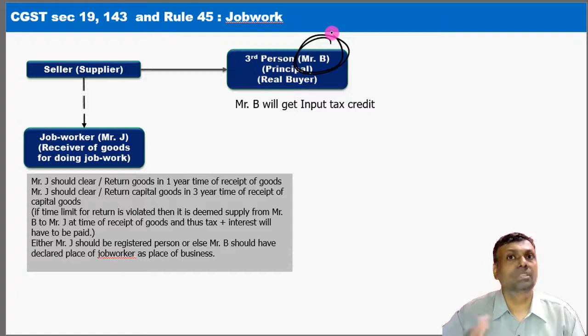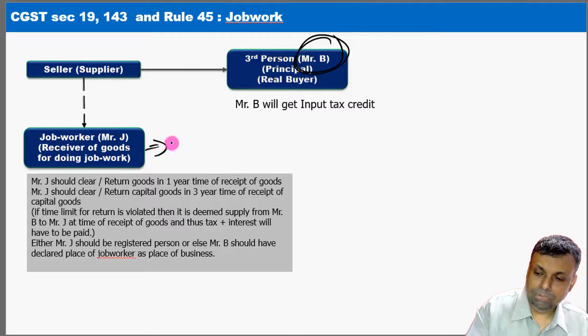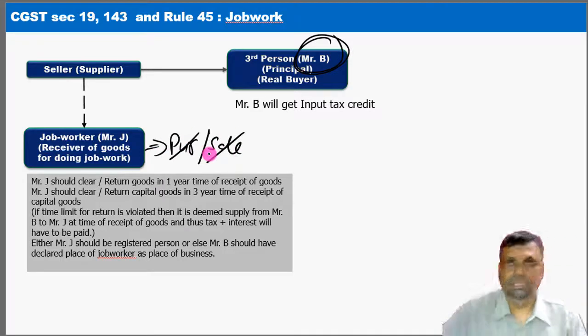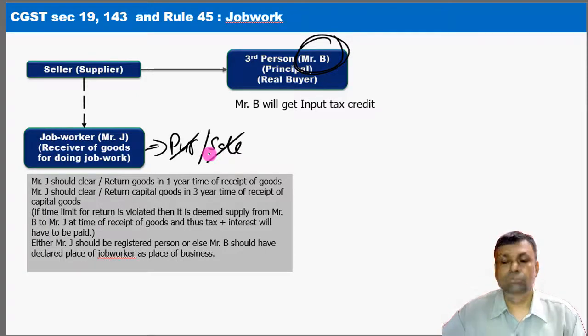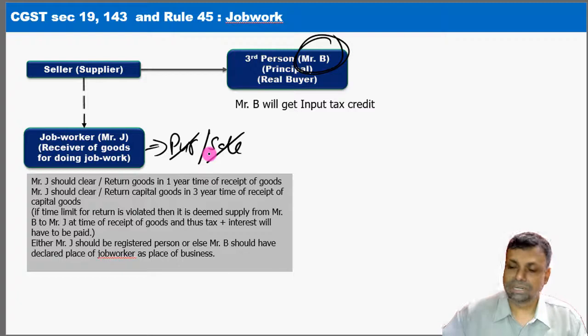In other words, it is not a purchase sale transaction of a job worker. The job worker is neither purchasing the goods, nor selling the goods. That means the job worker is only providing his services. So neither will he get any input tax credit for the purchase, nor will he be chargeable to any tax if he transfers this particular good to another person under the direction of Mr. B. So for him there is no purchase sale transaction.